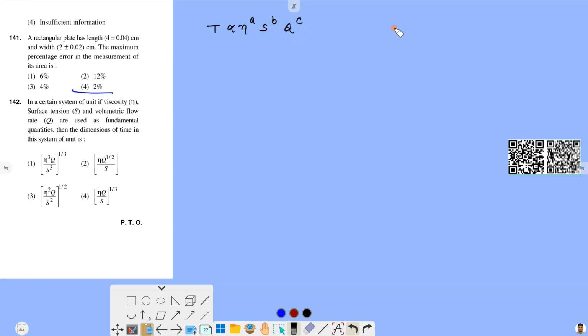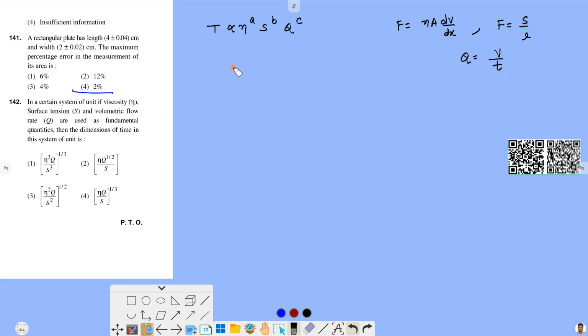Now for eta we have the relation that F is equal to eta A dv by dx. For surface tension we know that it is force per unit length, and volumetric flow Q is volume per unit time.